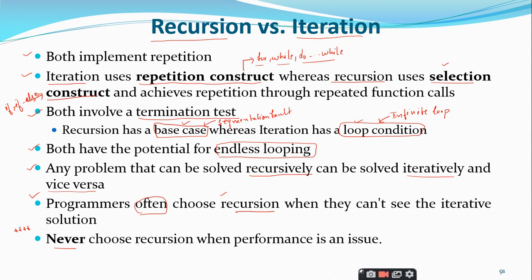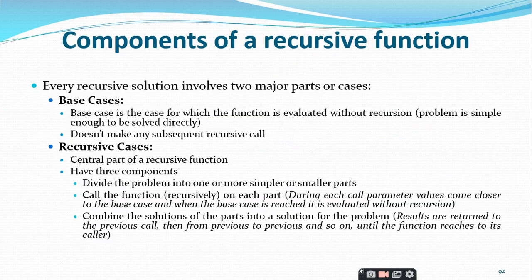Once we have an idea of recursion and iteration, we will see the components of the recursive function. This also we have discussed. Every recursive function you take has 2 major parts, or we can also consider it as 2 major cases. One is the base case and the second one is the recursive case. The base case is a case for which the function is evaluated without recursion.